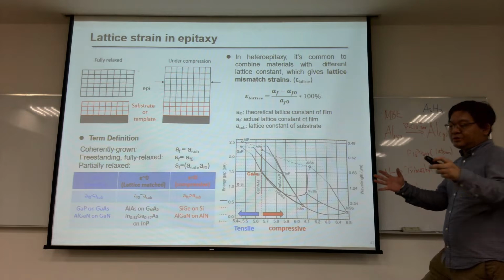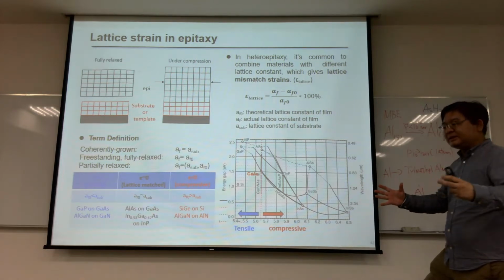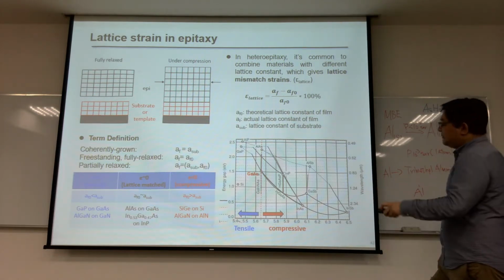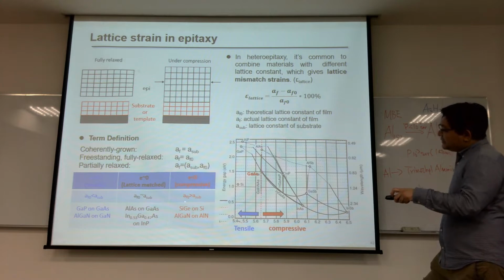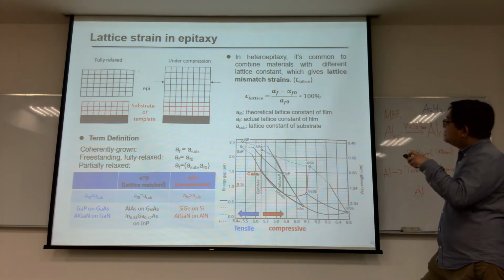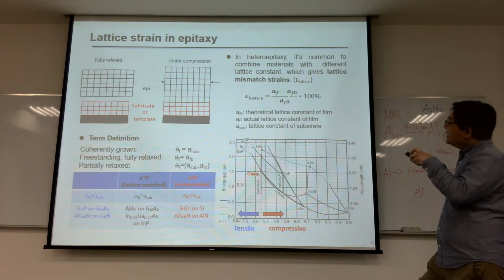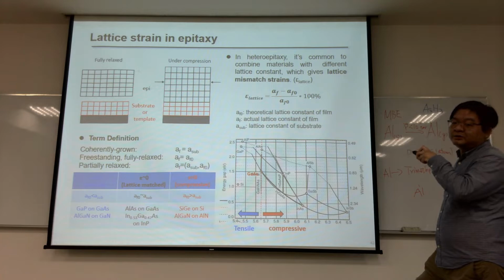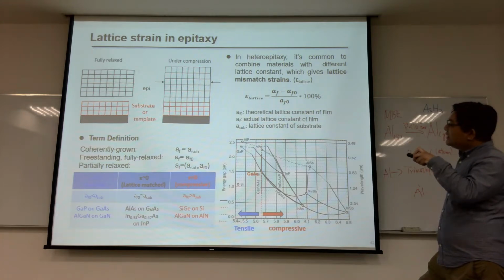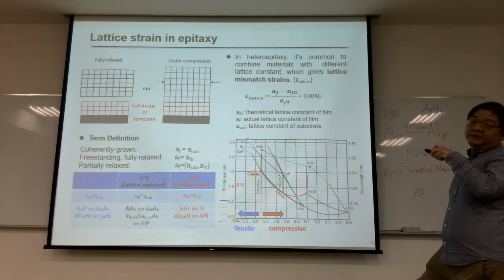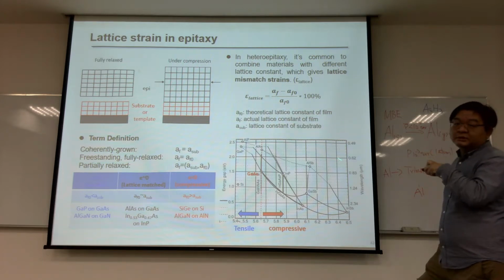But now you need to grow it on a silicon substrate, so the size will be twisted after growth. So its a_f0 is larger than the substrate's. So this will be a negative value, because its original lattice constant is the one with the larger value. So the lattice mismatch is a negative value according to the definition.